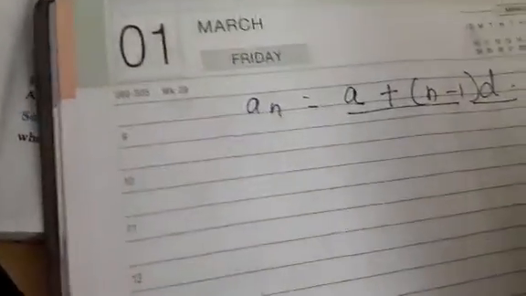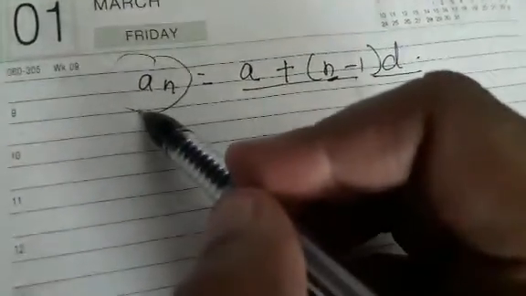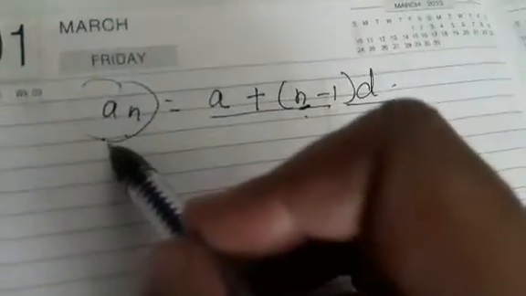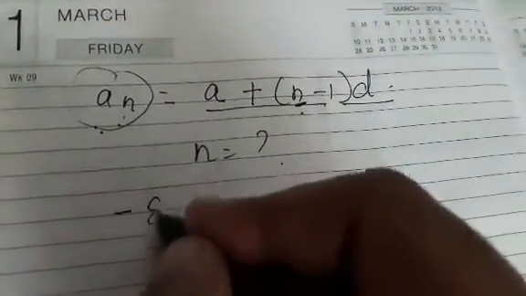This is the formula. Now we don't know for which value of n the nth term is minus 81. So that means here we have to find n, not a n. Is it clear? So we will find n is equal to question mark. We know a n is minus 81.